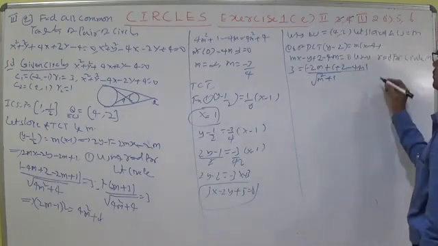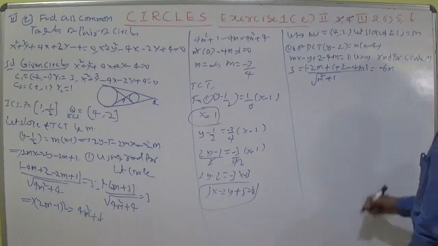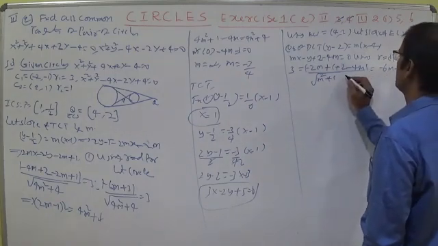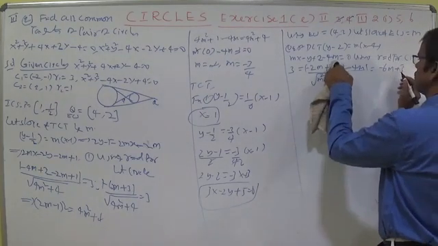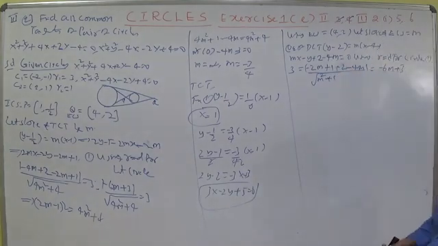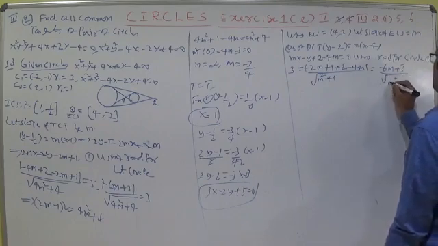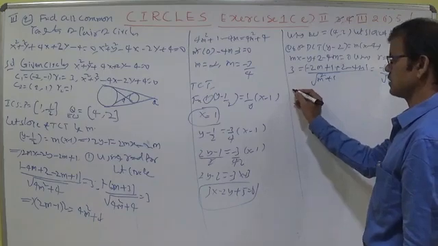Here minus 2m minus 4m becomes minus 6m, plus 2 plus 1 is 3. So 3 and 3 will be getting cancelled here.